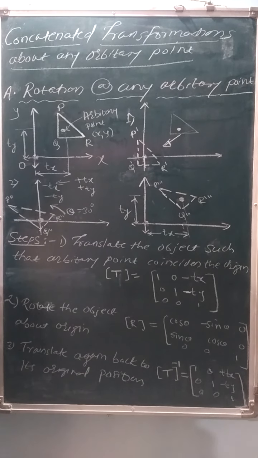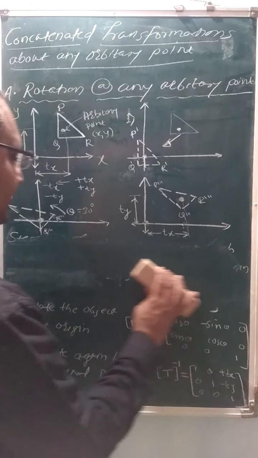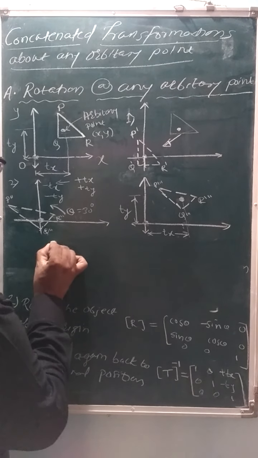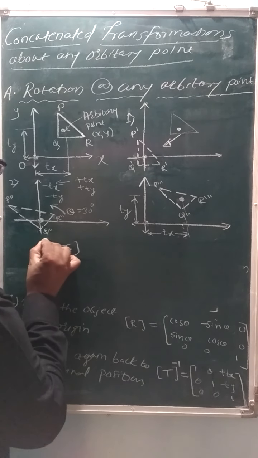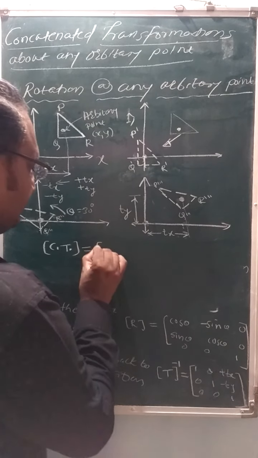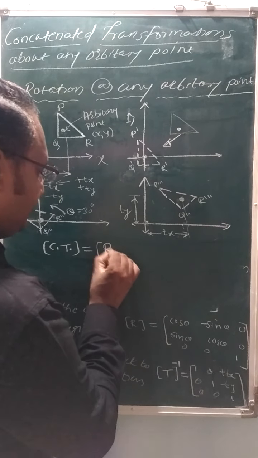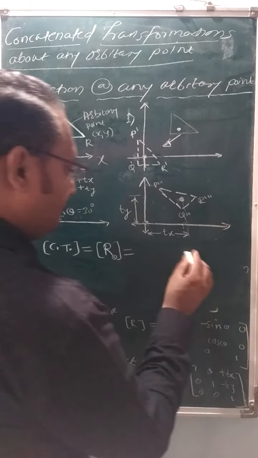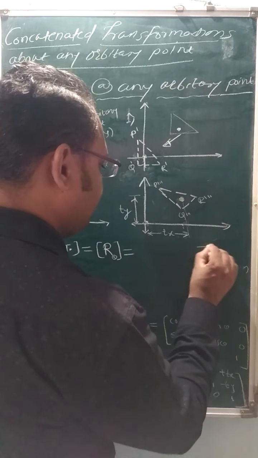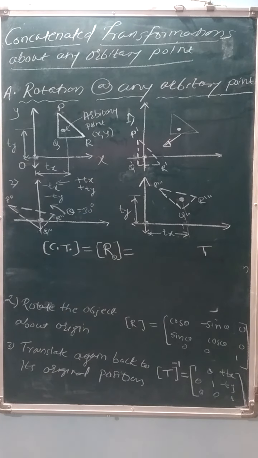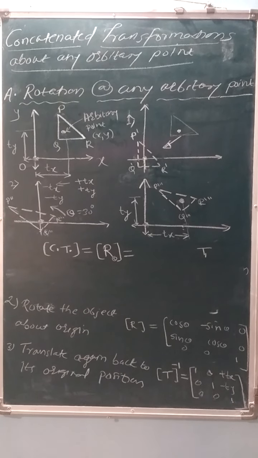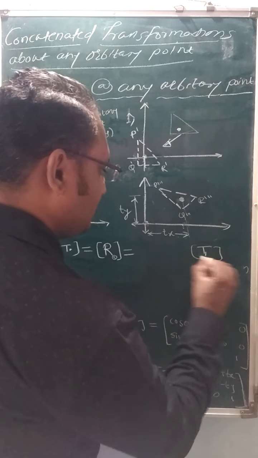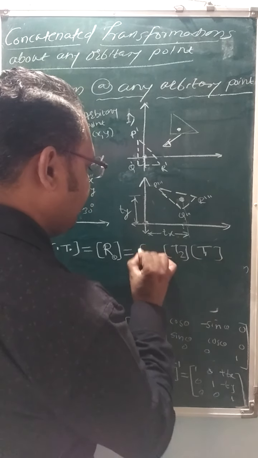So the final concatenation or composite geometric transformation, the CT matrix, or we can say capital R matrix, is the multiplication of T1, T2 and T3 as a sequence.